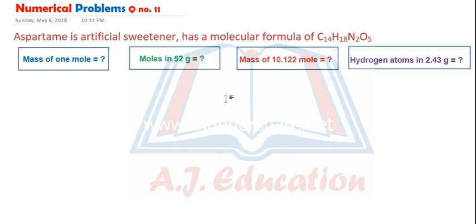We are going to solve: what will be the mass of 1 mole of aspartame, how many moles of aspartame are there in 52 grams of it, what will be the mass of 10.122 moles of aspartame, and how many hydrogen atoms are there if we have 2.43 grams of aspartame. So let's just solve this first problem.